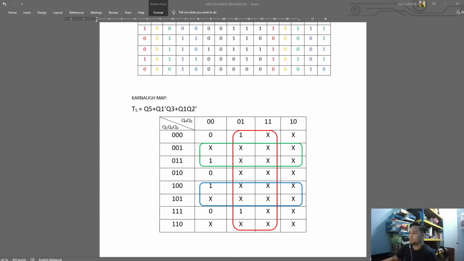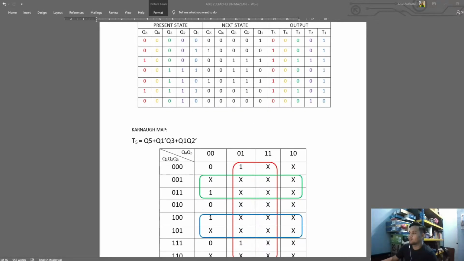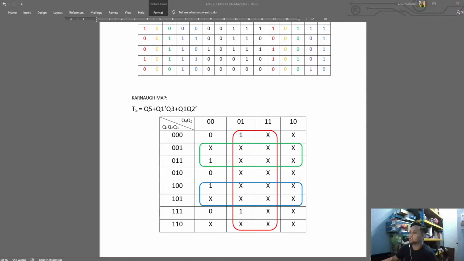Here we can see 1 and 0, and the other boxes that do not have the number 0 or 1, I put X to fill the empty boxes. Okay, so here I will group the boxes to get the equation.